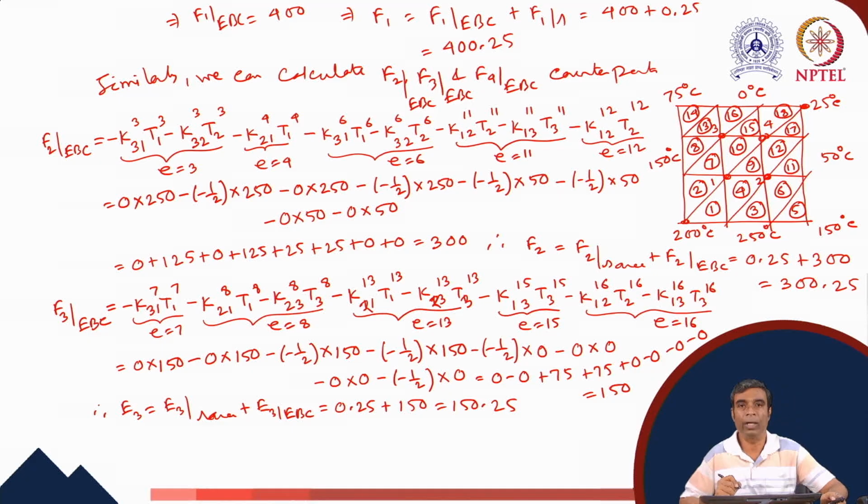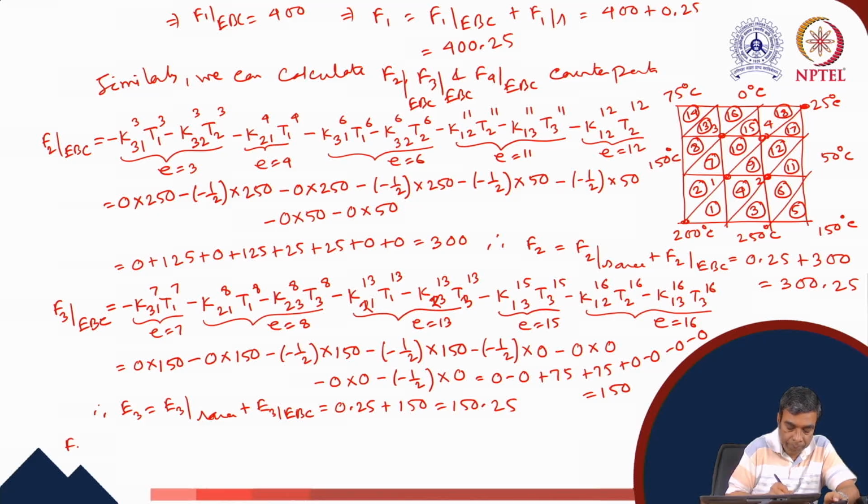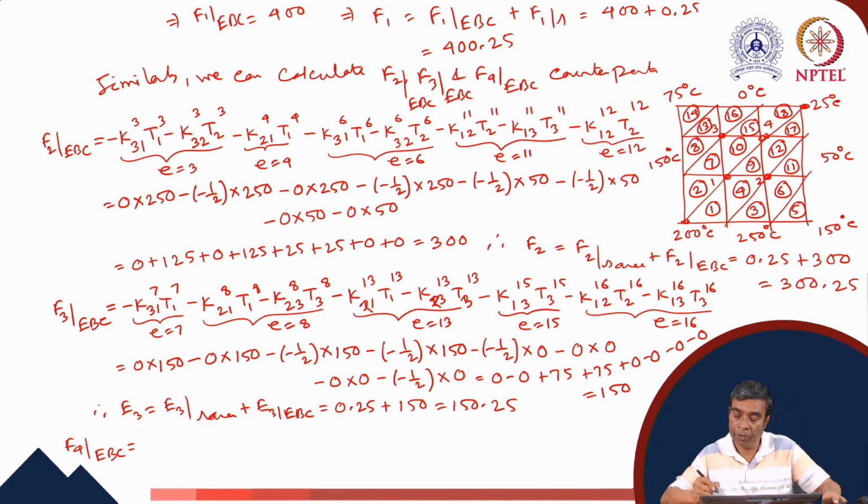Similarly, we can calculate the F4 EBC term. So F4 EBC, this will be contributed by elements 12, 15, 17 and 18. Let us consider element 12.